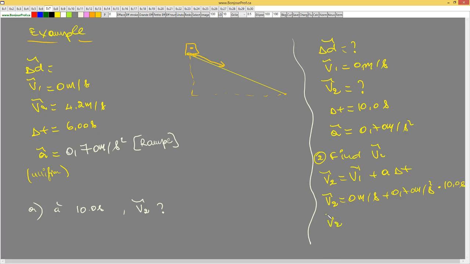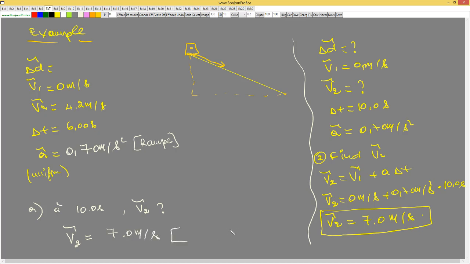If I make the calculation, it gives me 7.0 meter per second. I have to put the .0 because I have two digits. So the answer, V2 equals 7.0 meter per second.